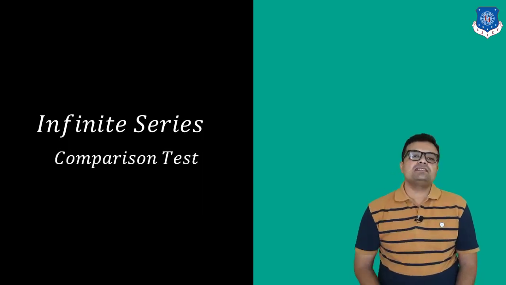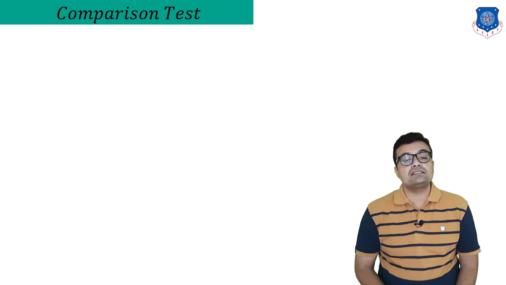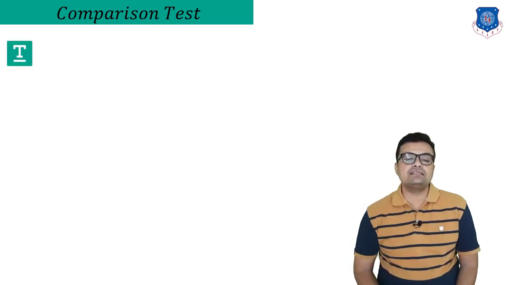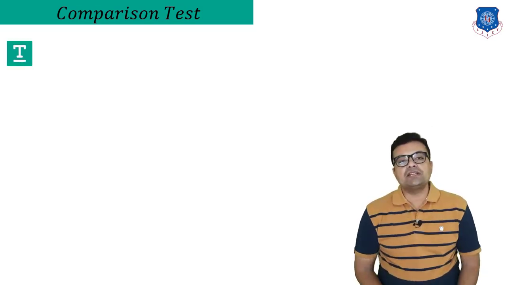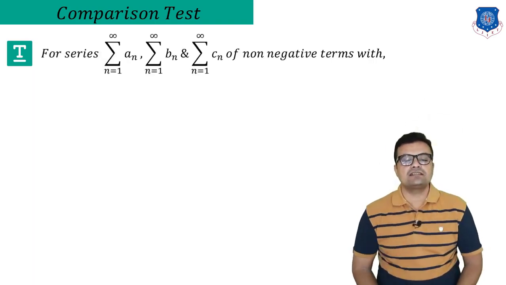In infinite series, as we are going for the comparison test, let us check how to define the comparison test, what we mean by comparison test, and what our main objective in this test is.